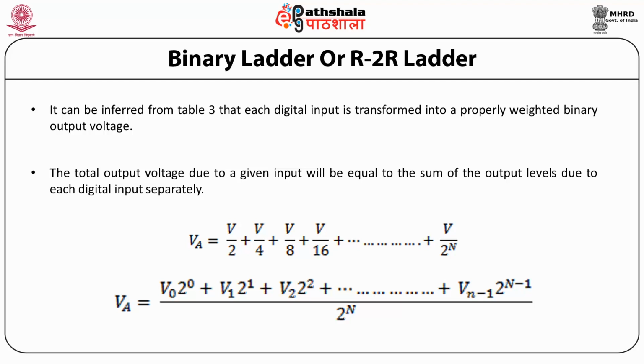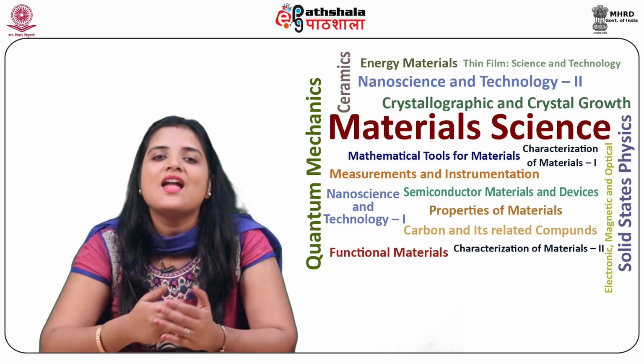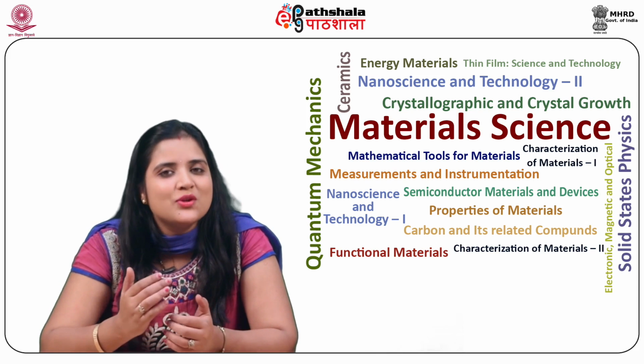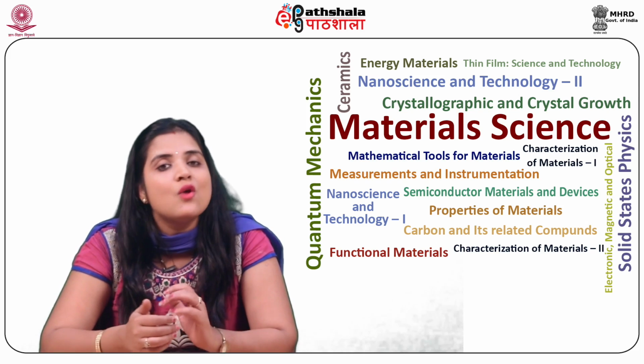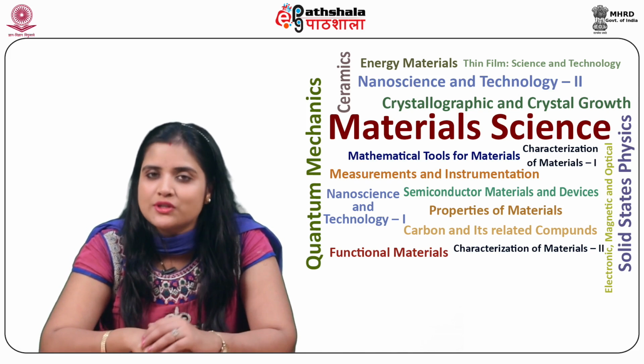Here V0, V1, V2 till Vn minus 1 are the digital input voltage levels. Equation 4 can be used to find the output voltage from the ladder for any digital input signal.